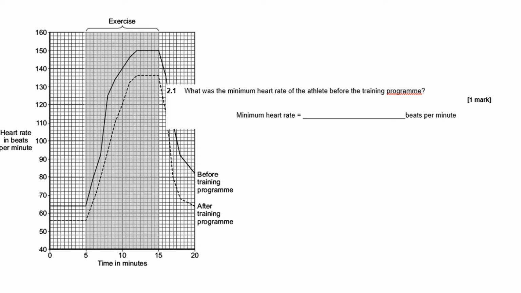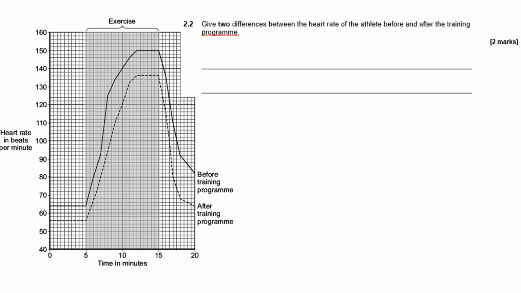And from that, we can take a reading from the y-axis. Now, it is important that we look at the scales and know what the scale is. So you've got 5 little boxes between 60 and 70. And if that means 10, then each little box is going to be worth 2. So if it is 2 little boxes above 60, it's going to be 64 beats per minute.